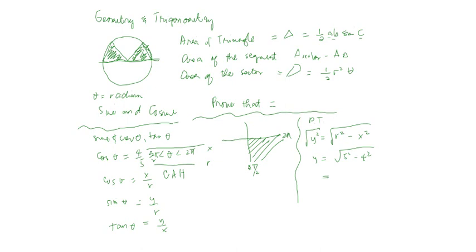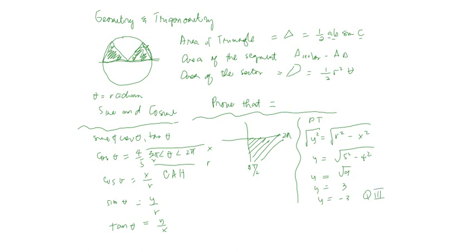That gives us 25 minus 16, square root of 9. Therefore, y equals 3. But since it's in the third quadrant, y is equal to negative 3.